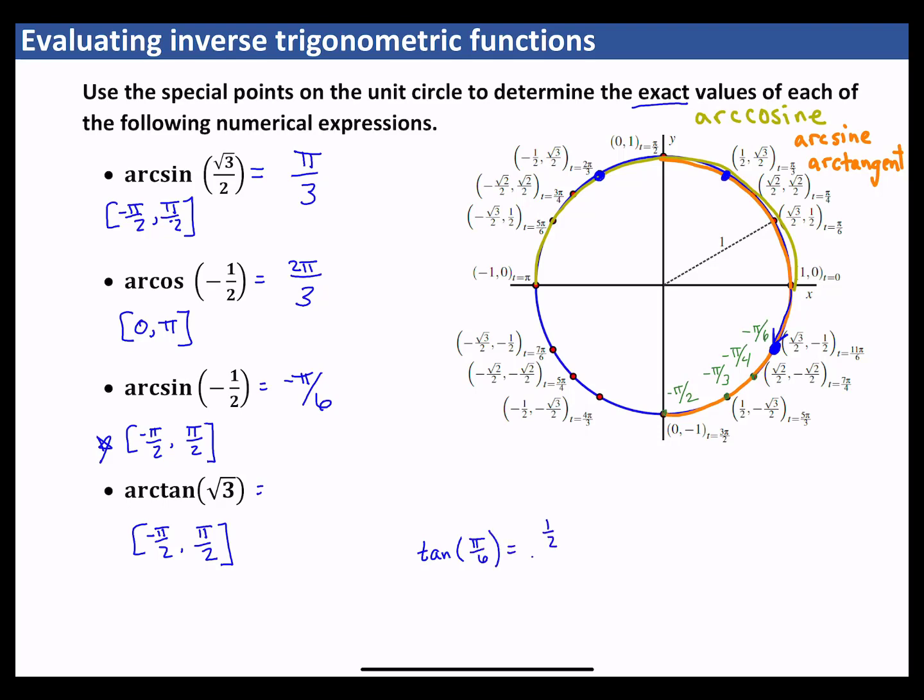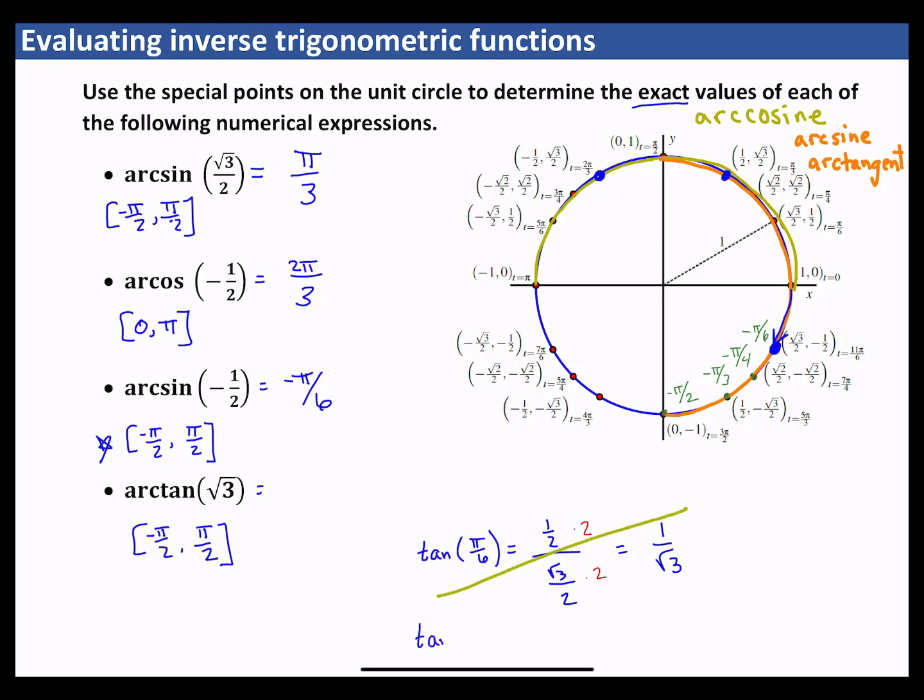That would equal 1/2 divided by the square root of 3 over 2. And if we multiply the numerator and denominator by 2, we get 1 over the square root of 3. And that is not what we're looking for. We're looking for an angle whose tangent is the square root of 3, not 1 over the square root of 3. So that's not going to be our answer.